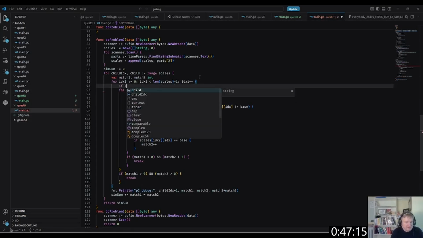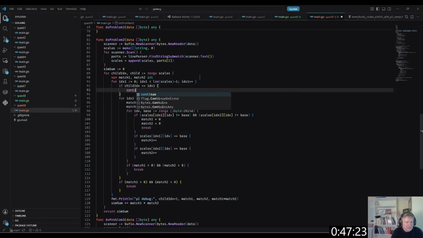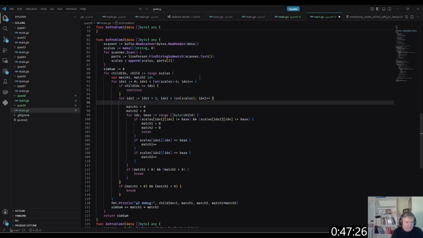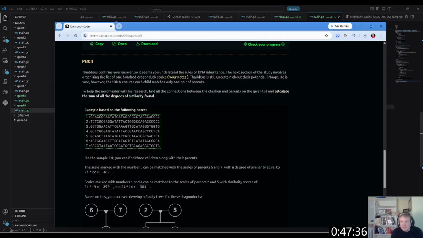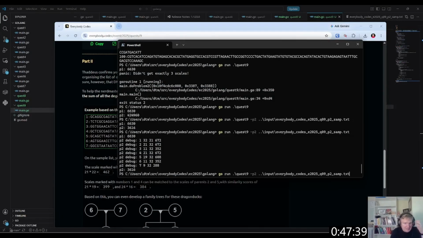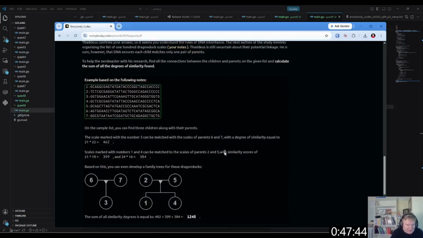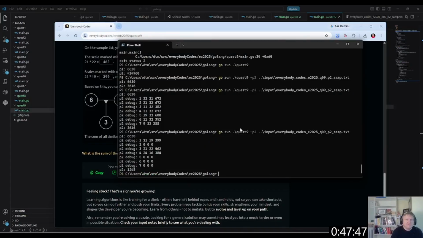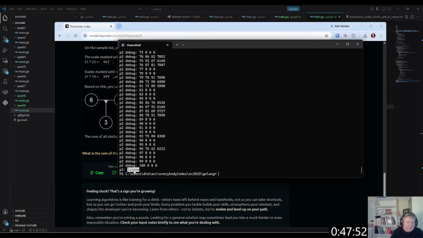If child idx, if, continue. Right. I had thought about, oh, gotta remember to skip the children. 1, 2, 4, 5. Is that the thing? Yeah, 1, 2, 4, 5. Okay. So now let's run regular quest 9 without that, and good.